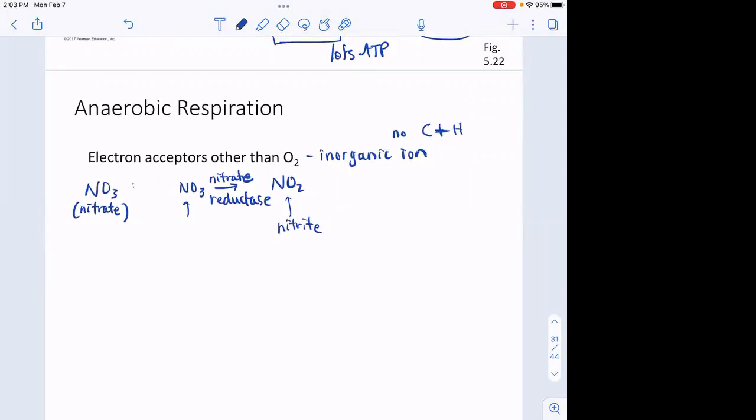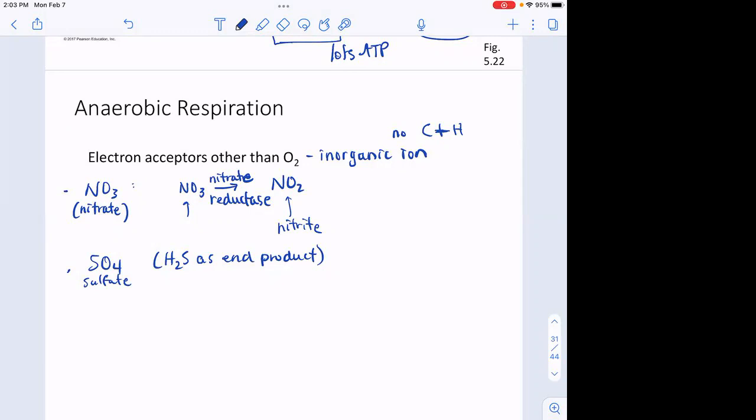Some organisms can use sulfates. If they do, they could get hydrogen sulfide as an end product. That's another gas that we're going to test for near the end of the semester. It's that smelly gas, like if you've ever been to Yellowstone, that rotten egg smell, that's hydrogen sulfide.